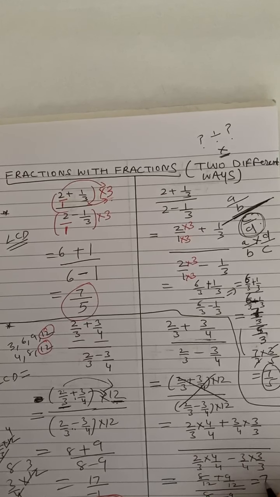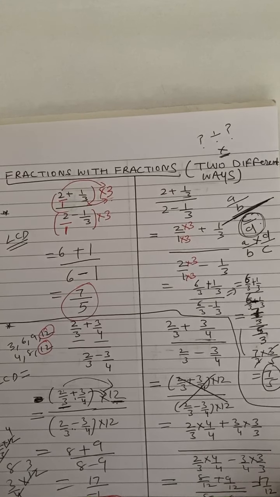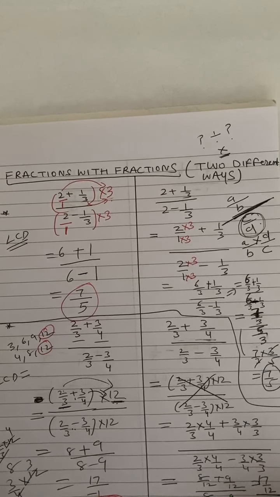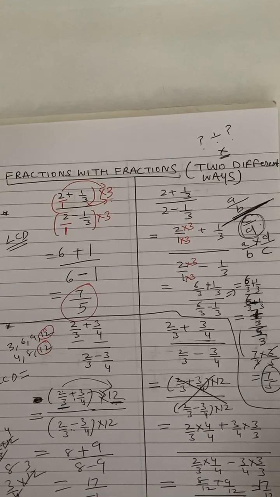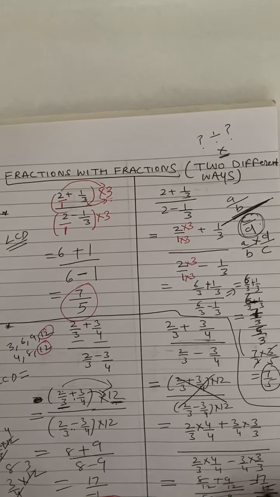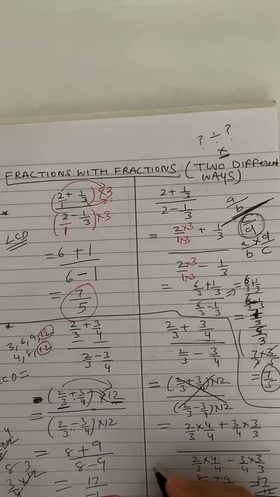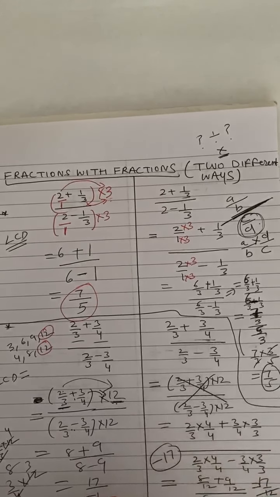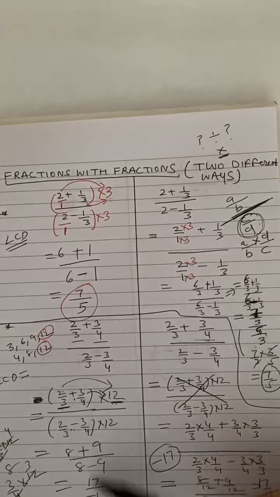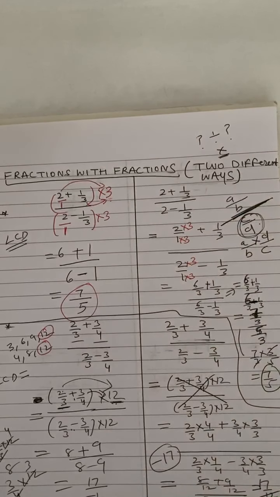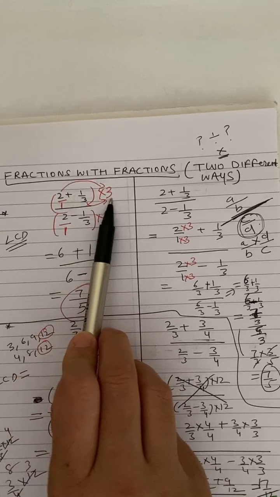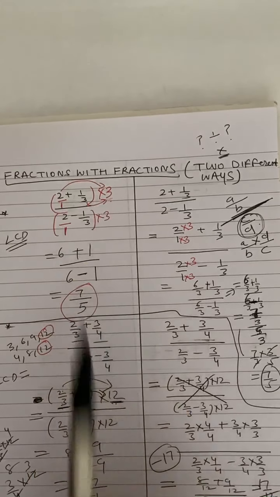Then you will get 17 over 12, and then minus 1 over 12. If the denominators are the same, you can cancel them out. So this is -17. Again, the least common divisor is something you should actually be using here, because you get rid of the fractions immediately, and then it's much easier.